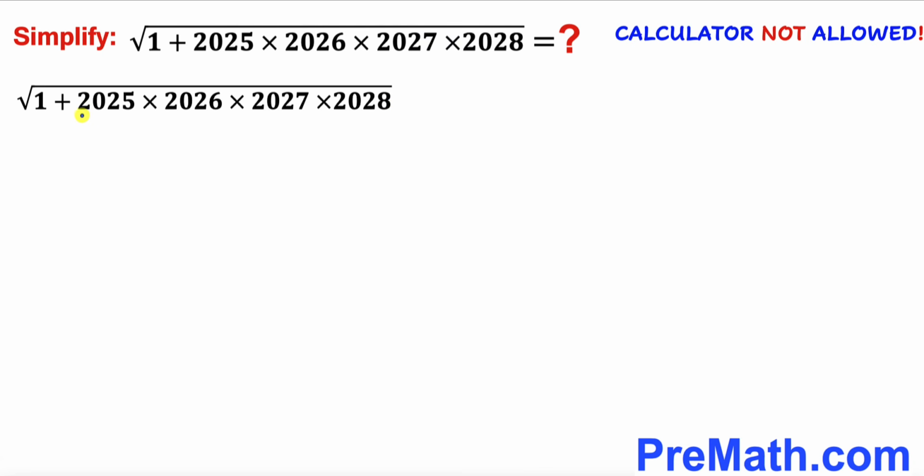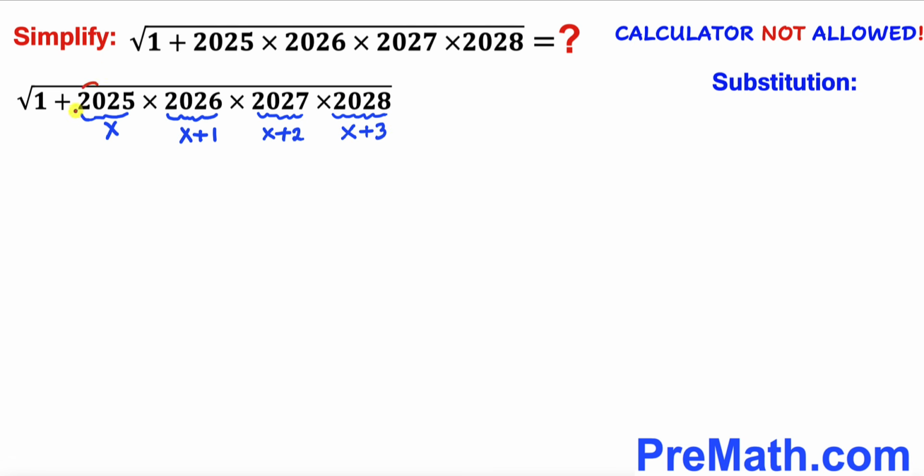Let's assume that this 2025 number, I'm going to label it as x. Then this 2026 is going to be x plus 1. This next number is going to become x plus 2. And finally, this 2028 is going to become x plus 3.